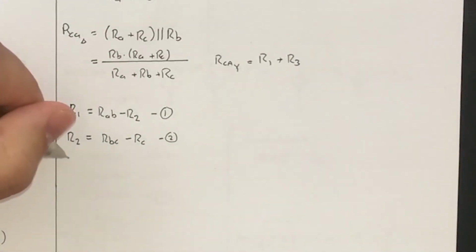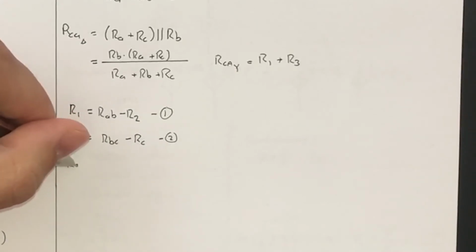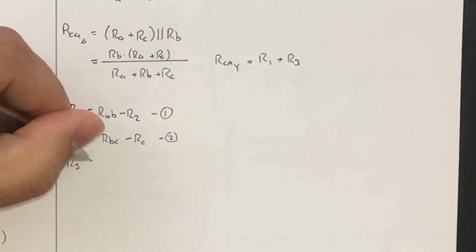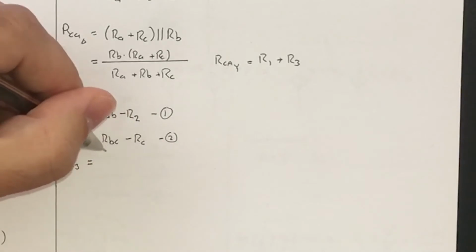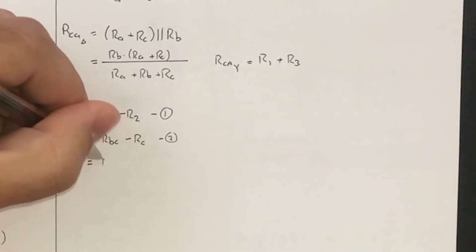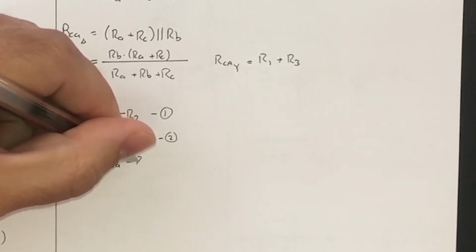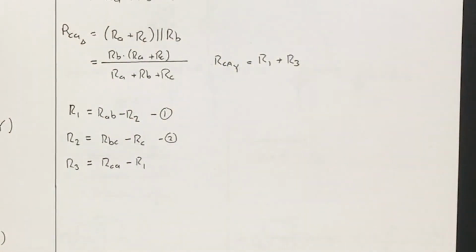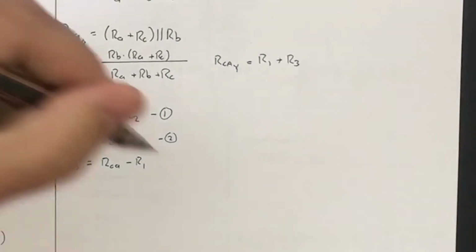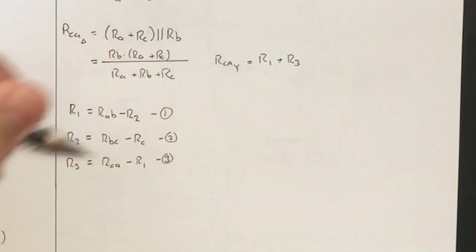Then we have, for the last equation, R3 is the subject of our formula, where we have RCA minus R1. This is equation 3.